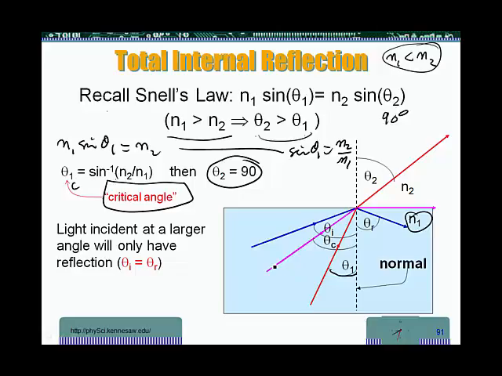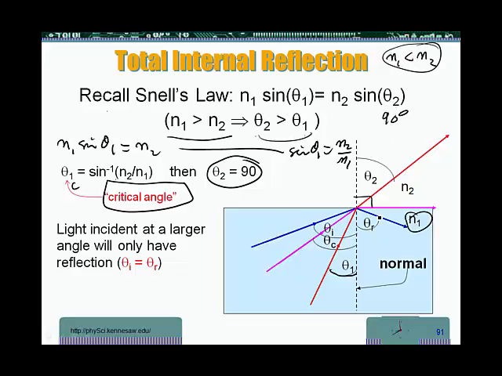Graphically here, you see this purplish colored beam is the beam where the angle of incidence is theta sub c. Theta sub 2 is just 90 degrees. The blue beam, that's a beam where the angle of incidence is larger than theta sub c, then no light is going to come out.